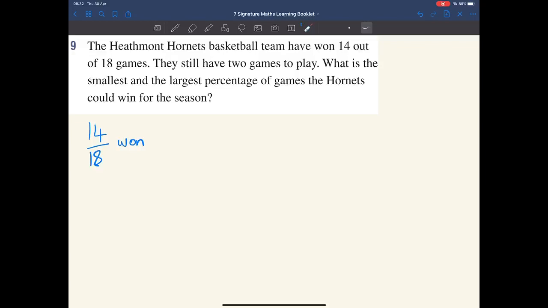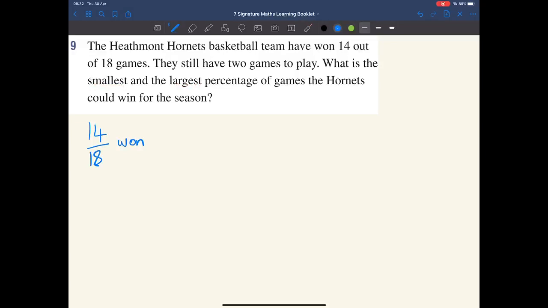Okay. I think I know what this question is trying to ask. This is what their current record is right now: 14 out of 18 wins. But they're asking, what's the smallest and the largest percentage of games the Hornets could win for this season?